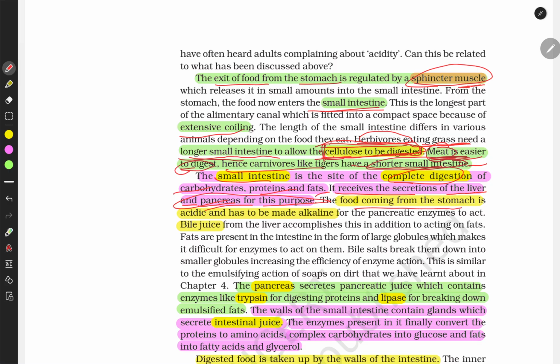The food coming from the stomach is acidic. As we discussed, HCl makes the food acidic in the stomach. Hence, to make it alkaline, bile juice gets secreted. The bile juice makes the acidic food alkaline, which is basic.